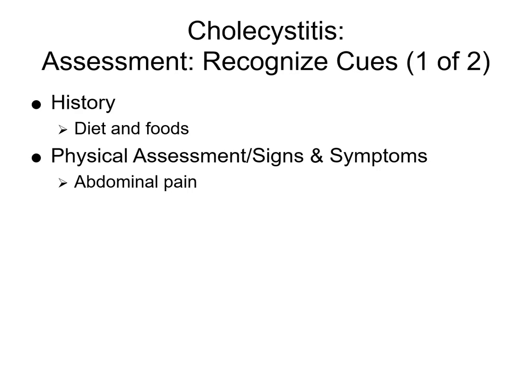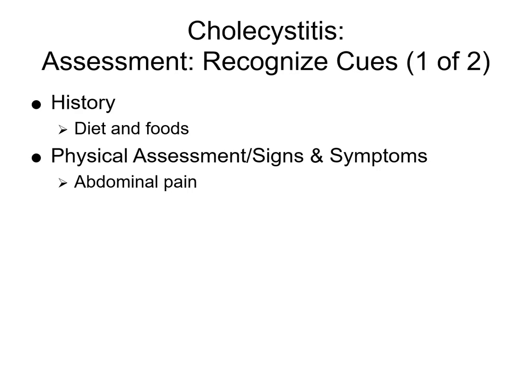Now, what are some key features of cholecystitis at the bottom of page 1179? And we've talked about all of these. As a reminder, what are some of the key features? Episodic or vague upper abdominal pain.